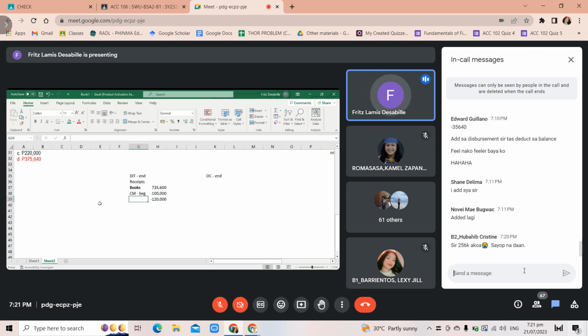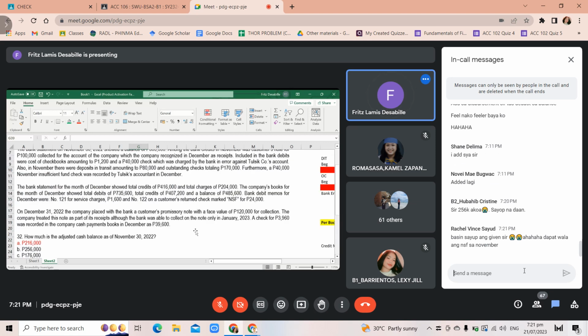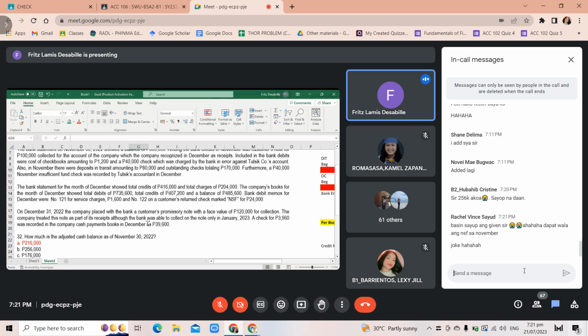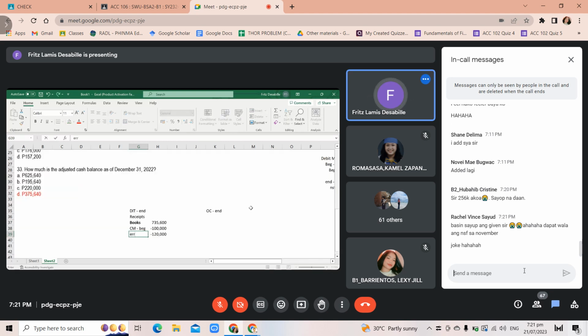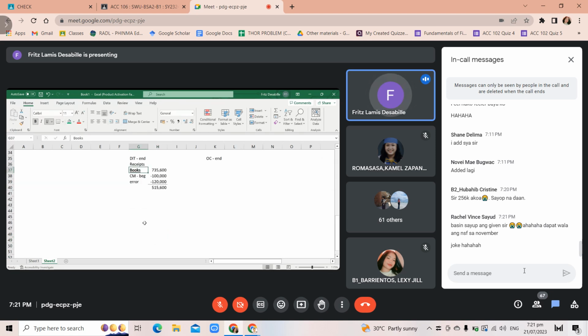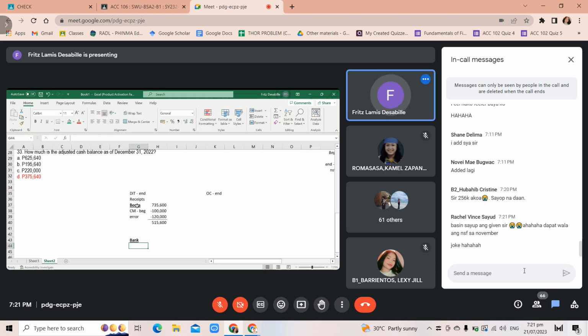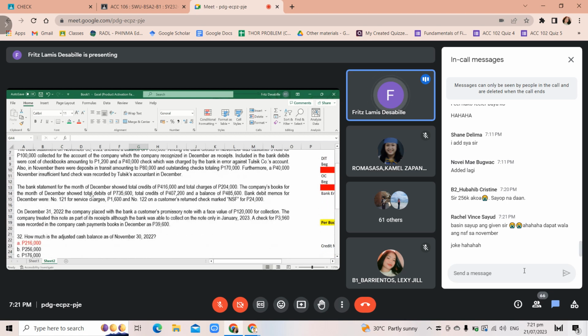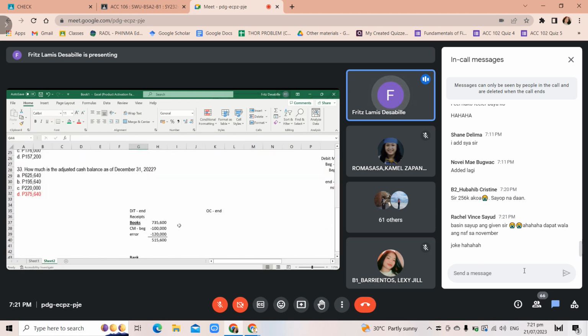This is 120, a collection error. Our adjusted receipts should be 515 in the books. Compare that to the bank. The bank only recorded receipts, the bank statement receipts of 416.